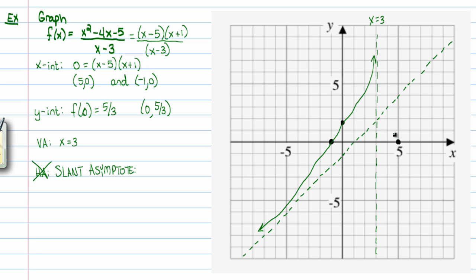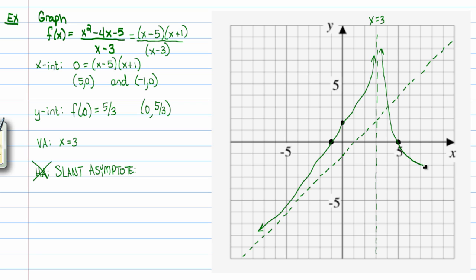A similar argument can be used for the right side of the vertical asymptote x equals 3, because on the right side of it, I know we have an x-intercept at 5. If it were to go like this, well, I suppose it could. I suppose it could do this.